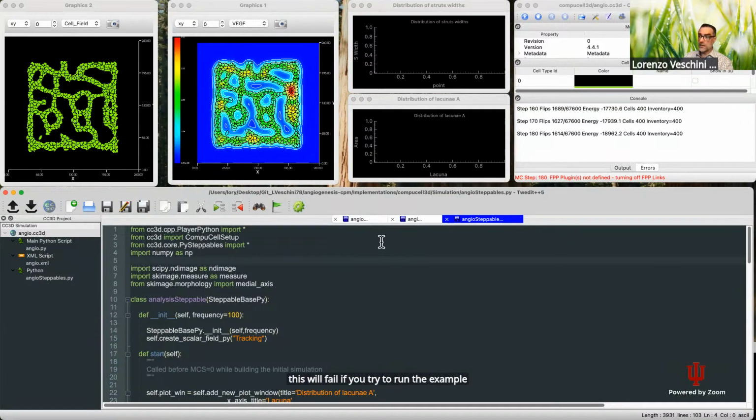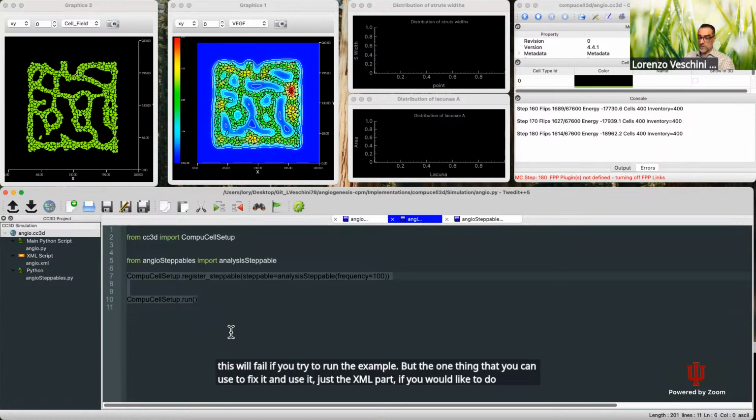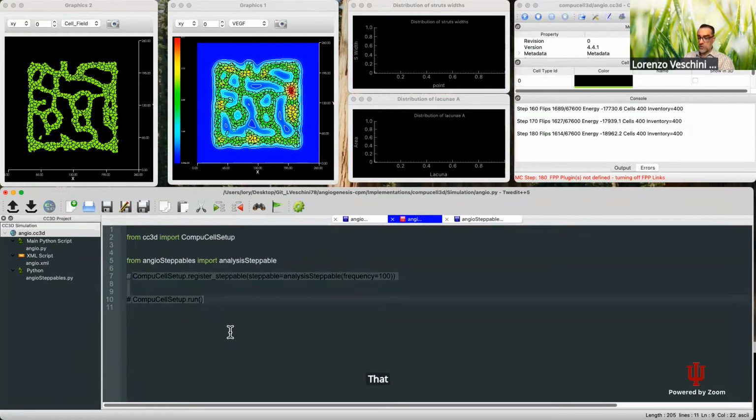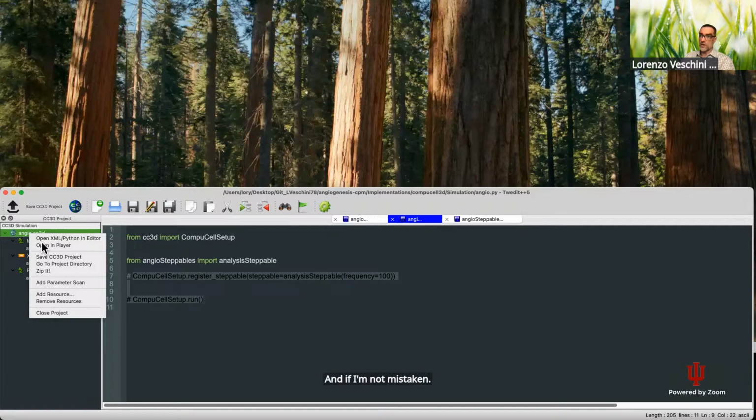But the one thing that you can use to fix it and use just the XML part, if you would like to do that, I think you can just comment these two lines in the main script that is not really used here. And if I'm not mistaken, it shouldn't crash everything.